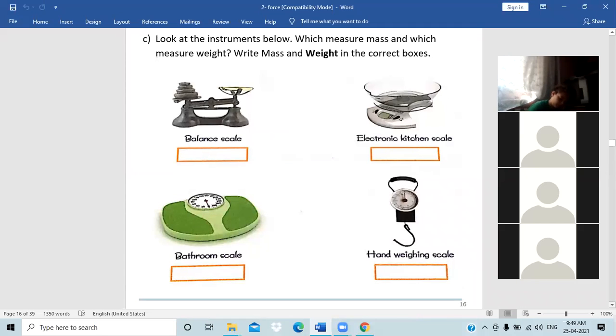If you put the object on the balance, this means that this balance is measuring mass. But if there is a place where you can hang the object in it, this means that this balance is measuring weight.